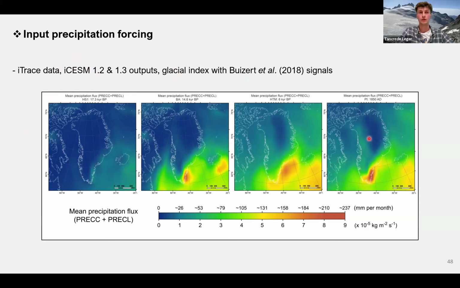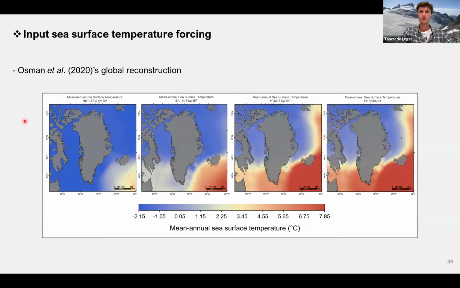And then we also have some sea surface temperature reconstruction data from the Osman et al. 2020 paper. Because we have marine terminating ice sheets even today, but more so during the LGM, we really need to compute subshelf melt, so the interaction between the ocean and the ice underneath floating ice shelves.